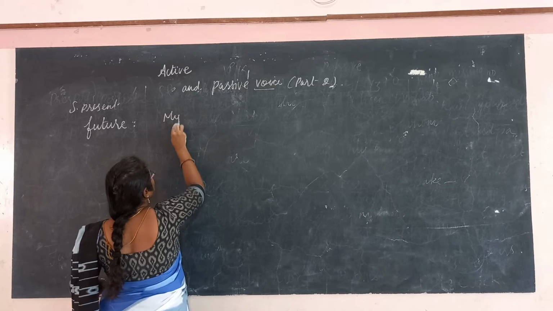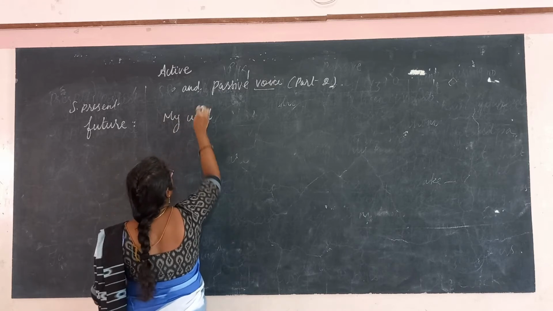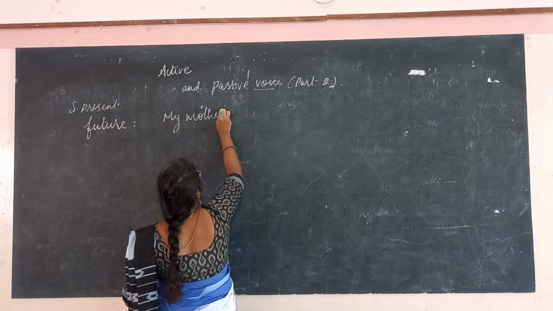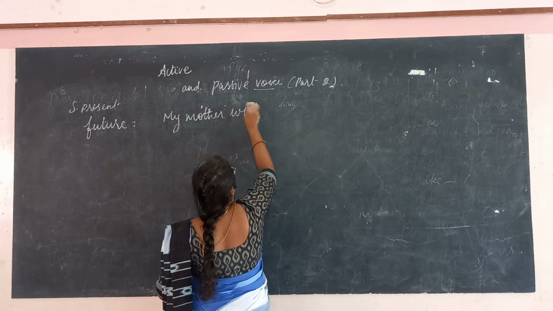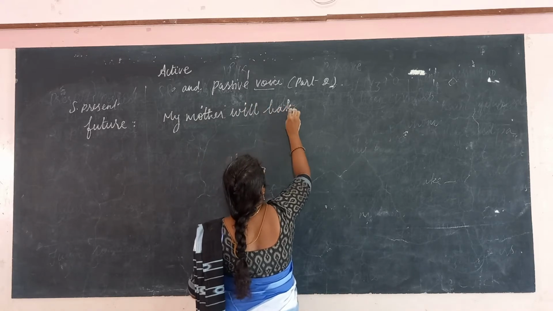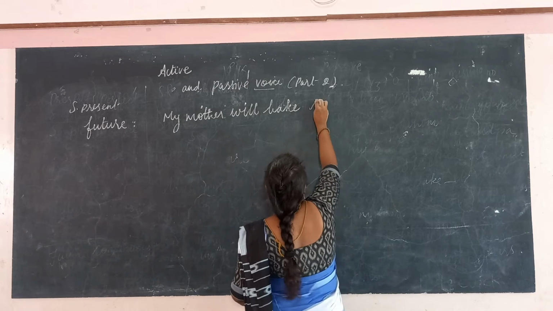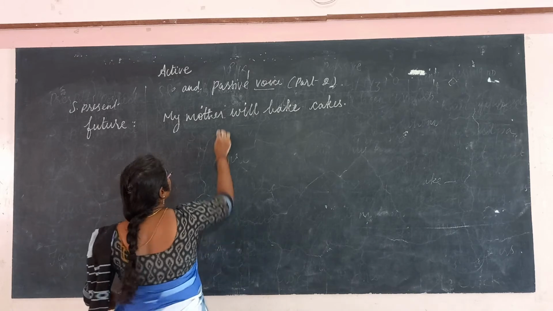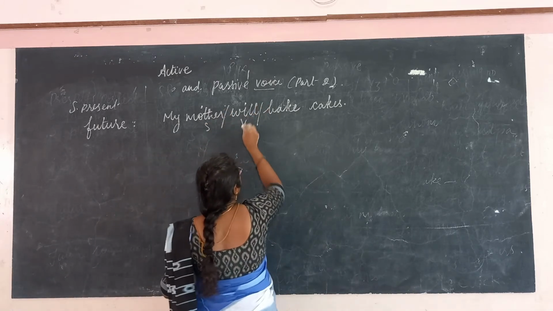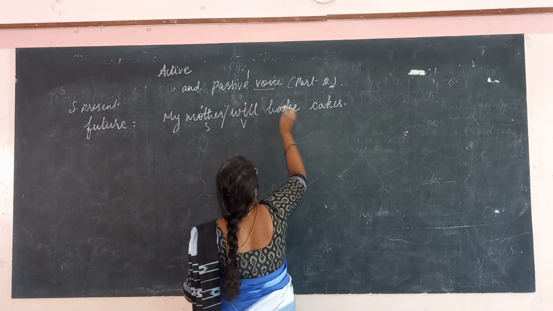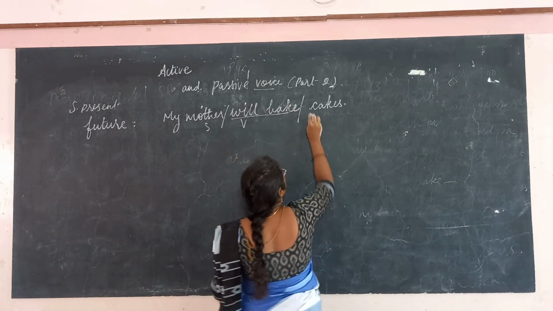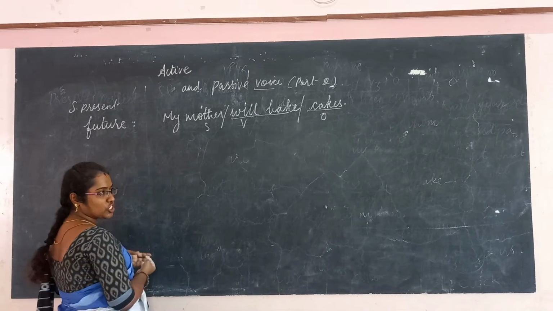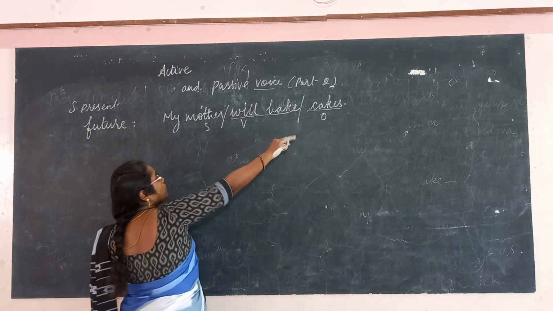My mother will bake cakes. The sentence pattern is subject, verb, will bake, and cakes is the object. Look at the sentence. Now I am going to change this into passive. Now the object becomes the subject.